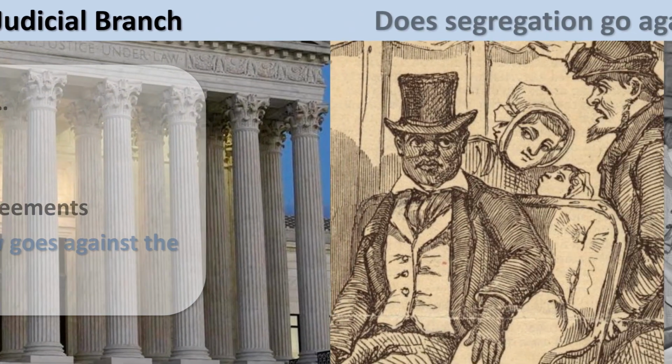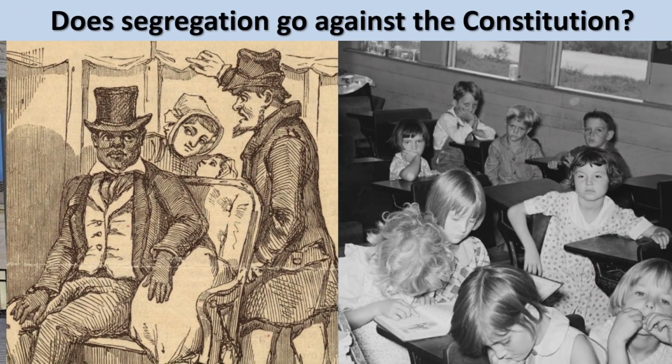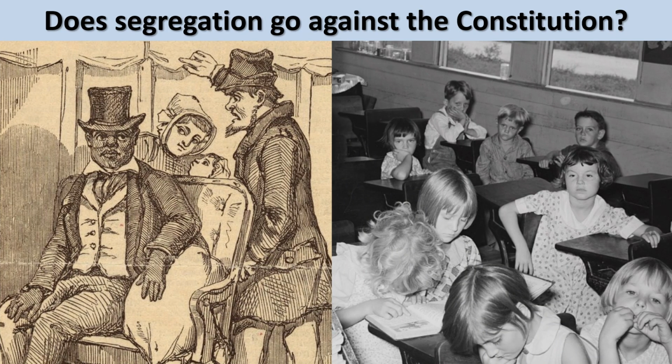For example, in the 1800s and 1900s, many state and local governments, as well as many businesses throughout the country, had regulations requiring racial segregation. Americans disagreed about whether the Constitution allowed laws and rules of this type to exist.